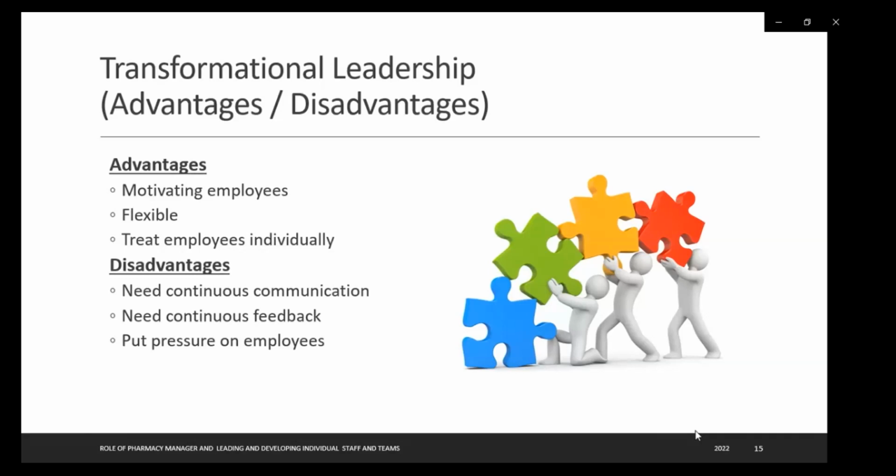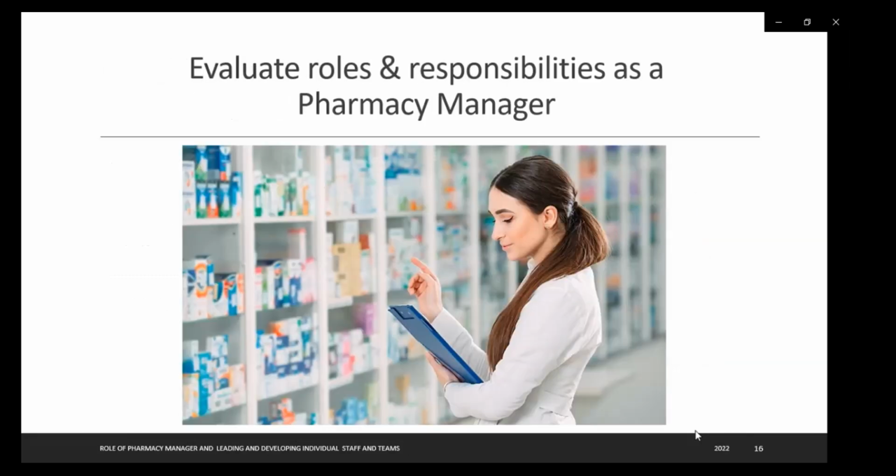Those are the advantages. The disadvantages are the need for continuous communication, the need for continuous feedback, and putting pressure on employees. So these are the disadvantages. Let's move to the next slide. Evaluate roles and responsibilities as a pharmacy manager.